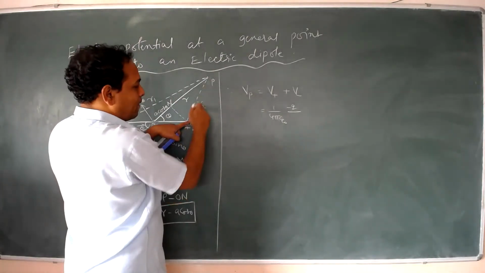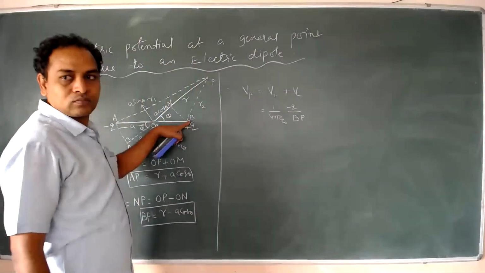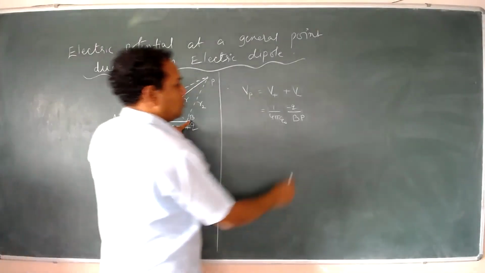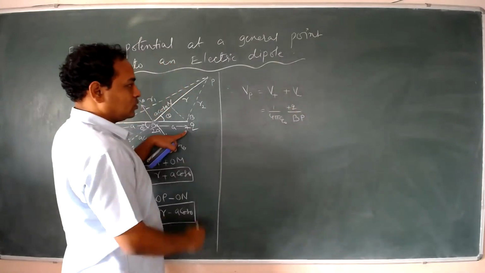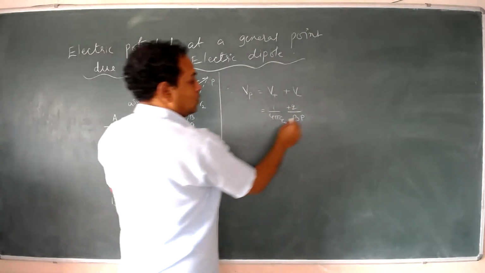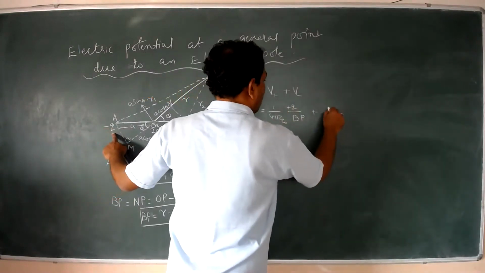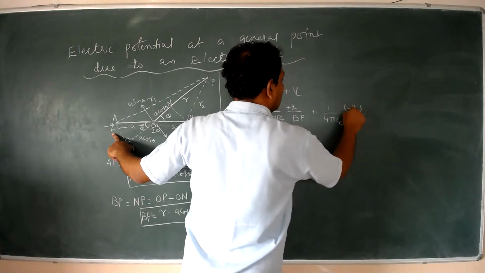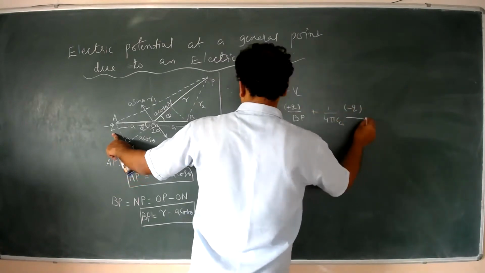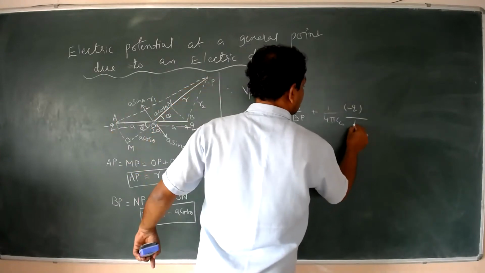I will say it is BP. Next, V minus due to this one: 1 by 4 pi epsilon naught into minus Q by this distance, which is AP.